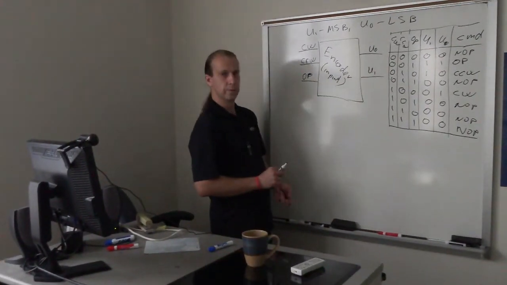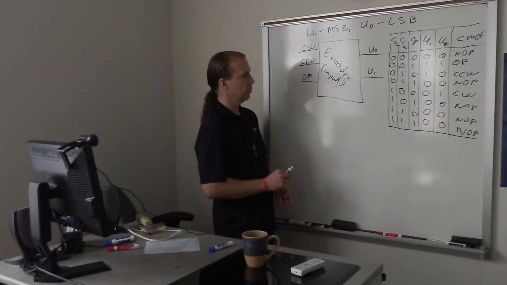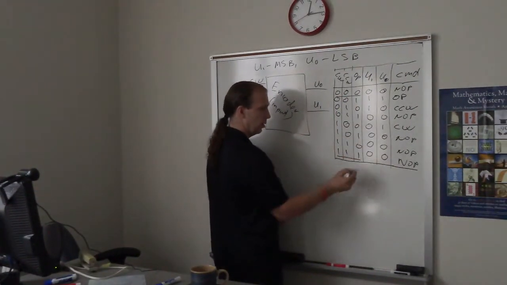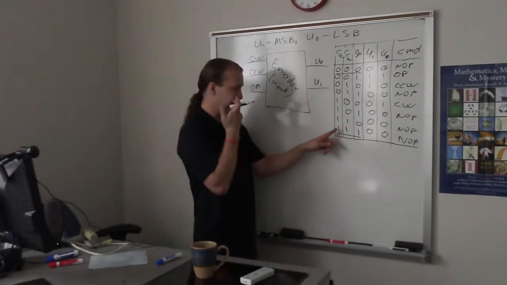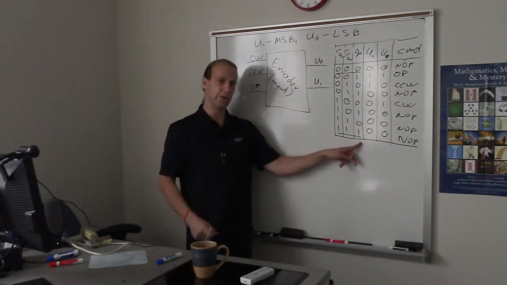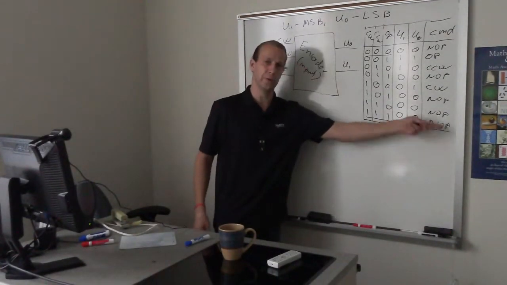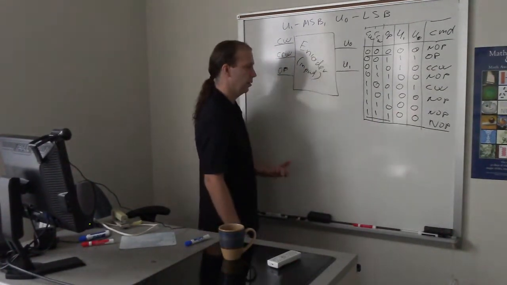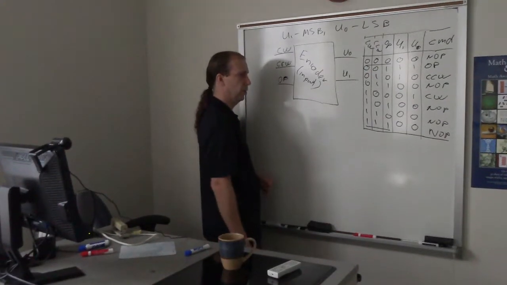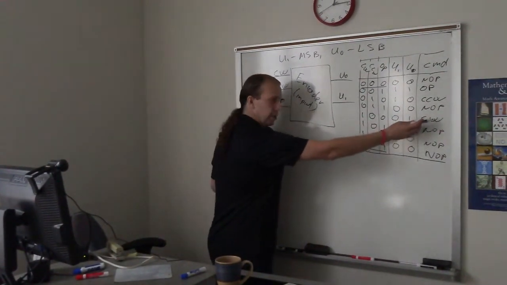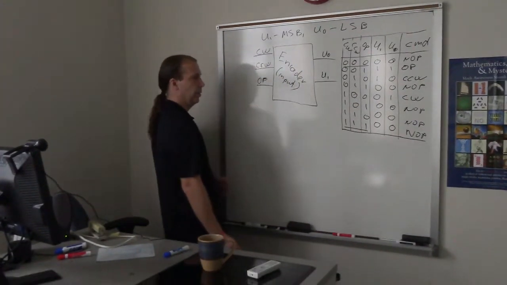Now, no operation: at the bottom here, all of those are 0, because this is the case where all three push buttons are pressed, and that should not result in any change. It's going to be the default. But when only one push button, for instance clockwise, is pressed, that's the clockwise command.